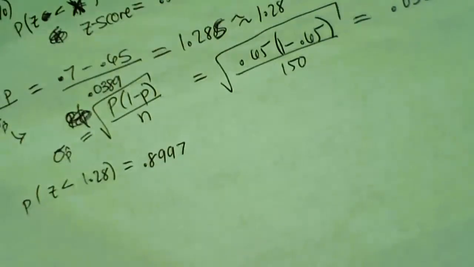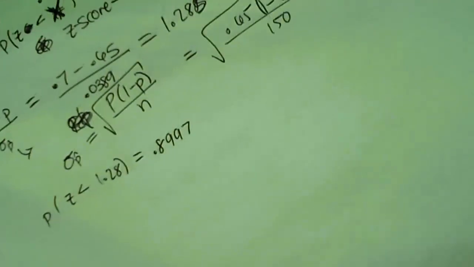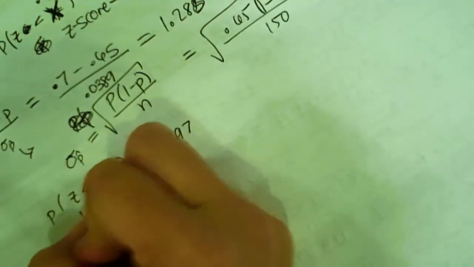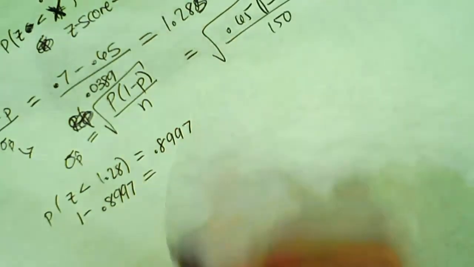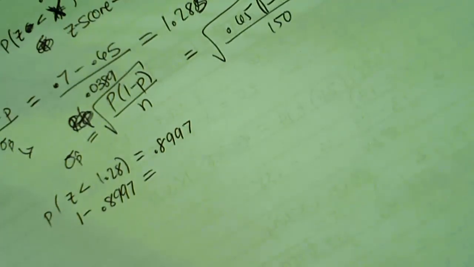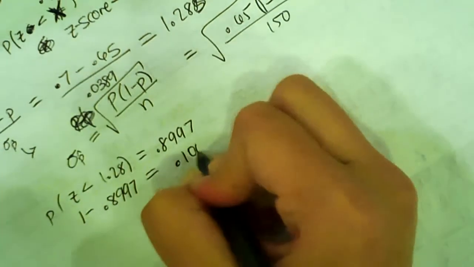So yes, we were trying to find whatever is greater than. So we do 1 minus 0.8997, and that gives 0.1003. Yes, very good. Thank you for saving the day.